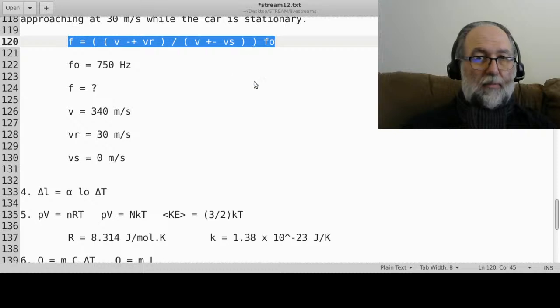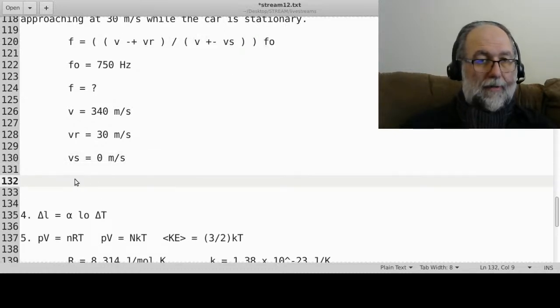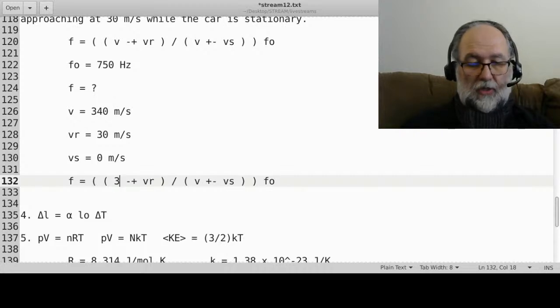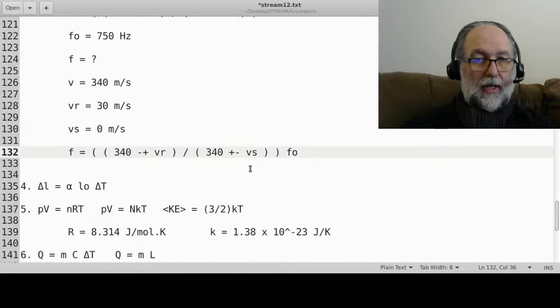So if we take this formula here and substitute in, V is 340 and 340. The velocity of the source is now 0 because it's not moving, so this goes away. Of course the stationary frequency is still 750.